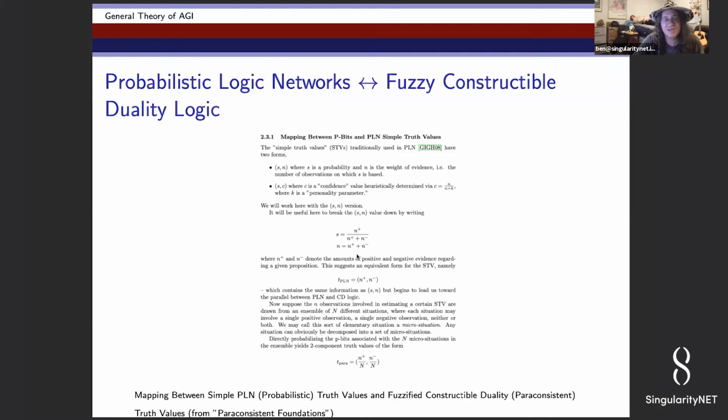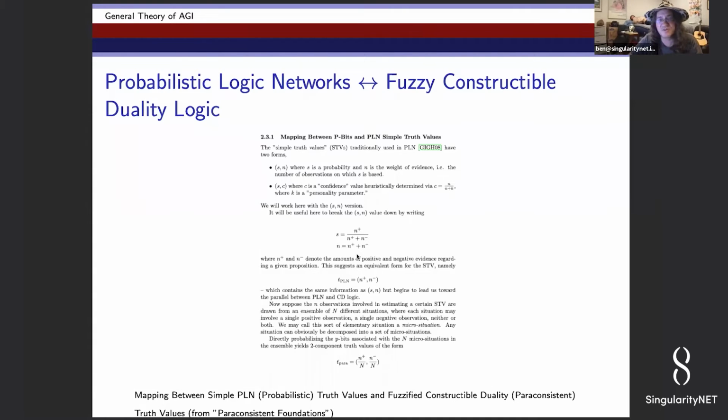And one thing I've found is that you could map Patterson's paraconsistent logic pretty directly into the PLN probabilistic logic that we use in the OpenCog system. And the way to do that has to do with counting observations and counting evidence.